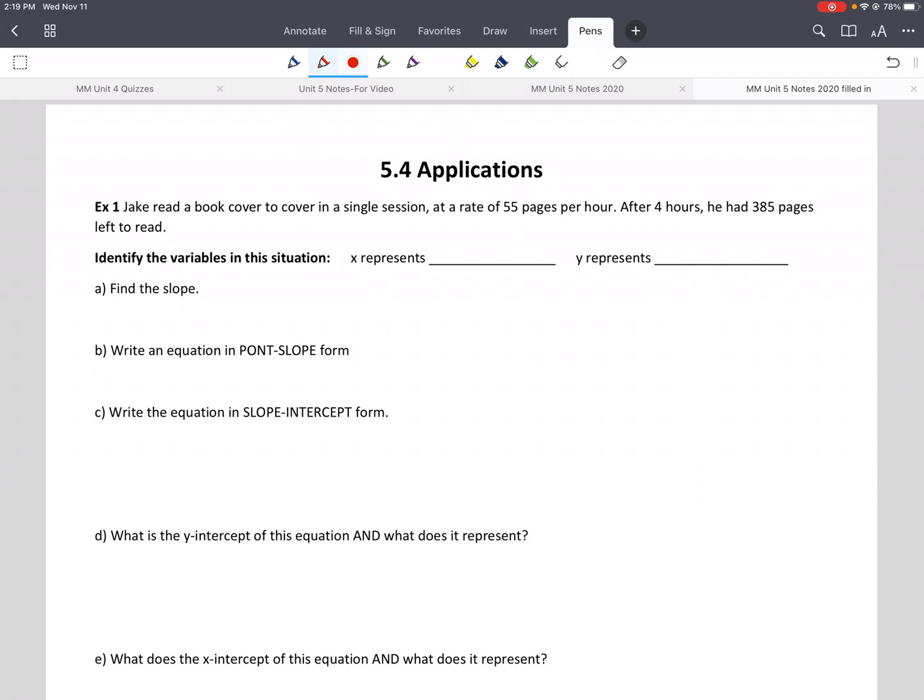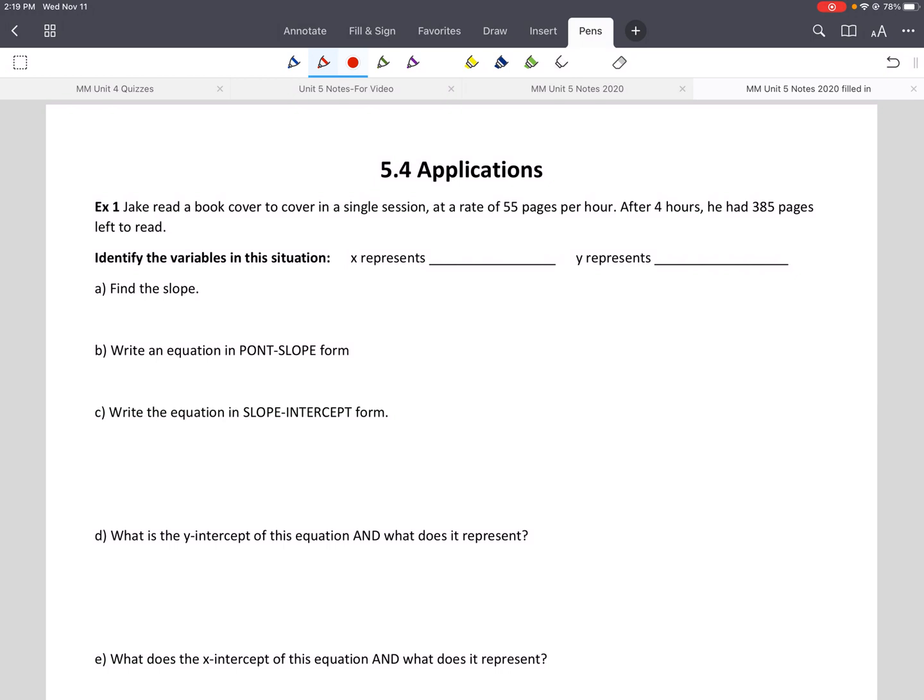I know these word problems sometimes are a little tricky, but it's probably the most realistic thing you'd use from this class. I'll try and go over this as best as I can, but make sure you ask questions if you need to.